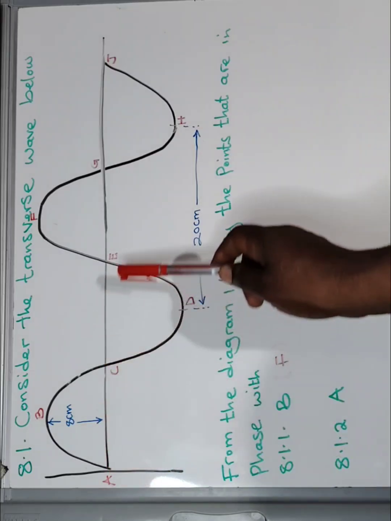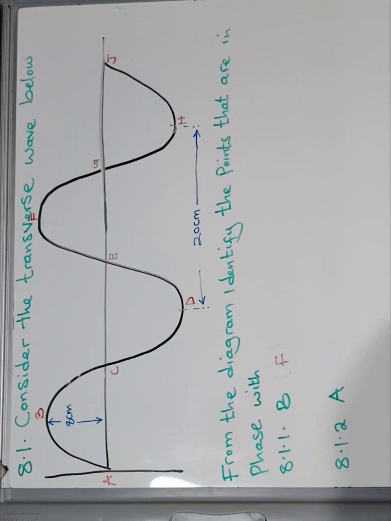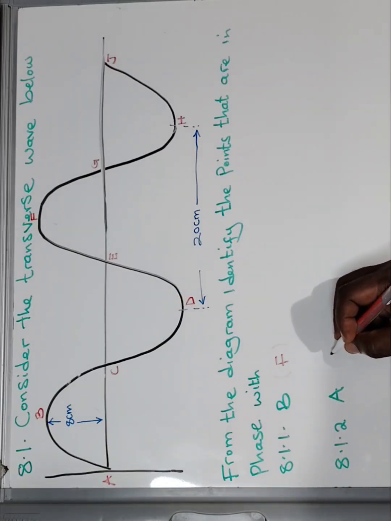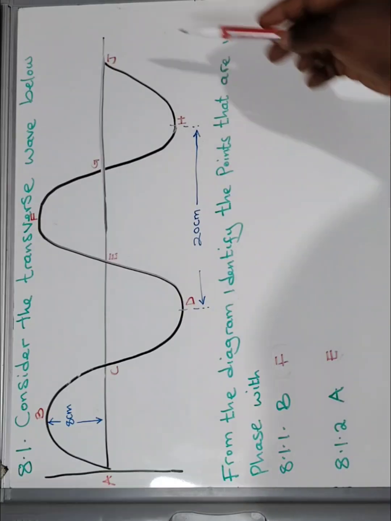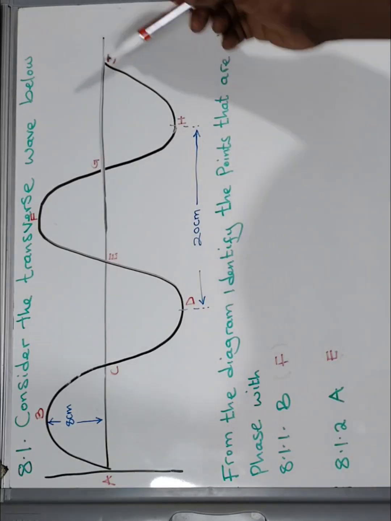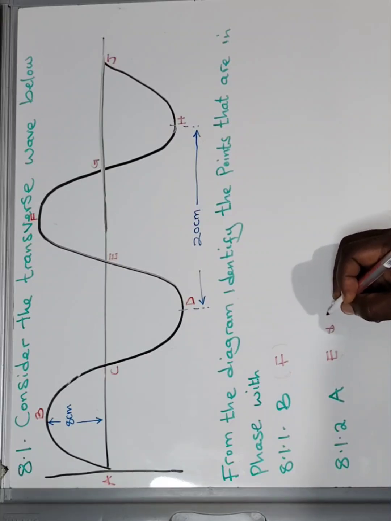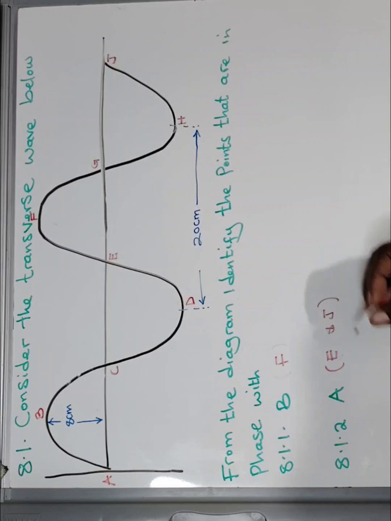So A is exactly the same as E, because at E, the wave is going up. Even at J, what happens? The wave is going up. So E and J, those are the points which are in phase with A.